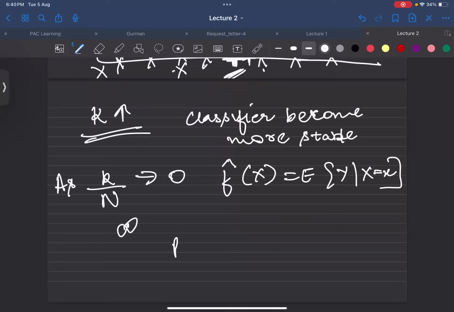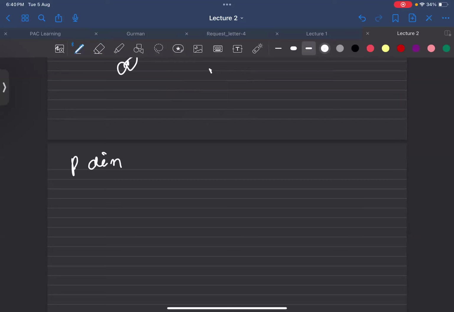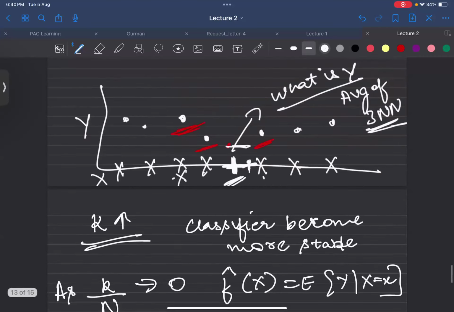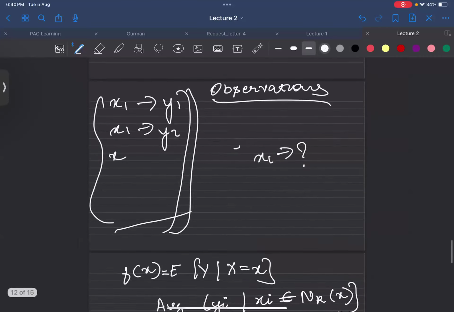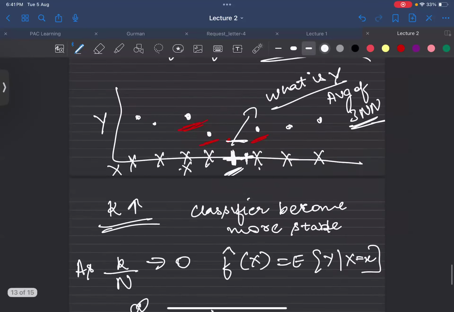And suppose I say p dimensionality. What is p? Basically, these are the features. If they are very large in KNN, I'll come to these things again, don't worry. When p dimensionality becomes large, what I'm trying to do here, everyone has got it: I'm taking the average, just like KNN, rather than just relying on the single point.